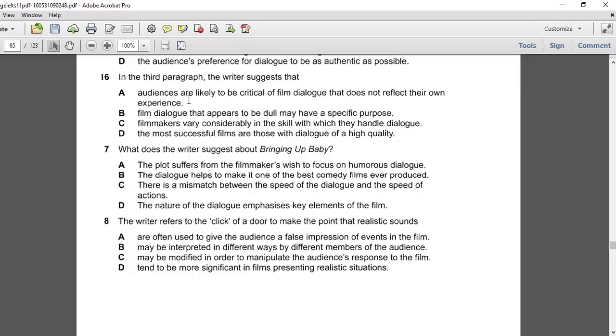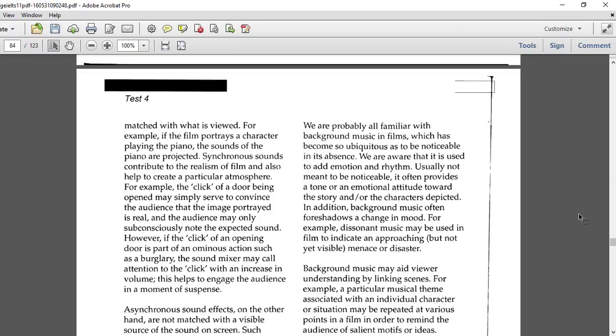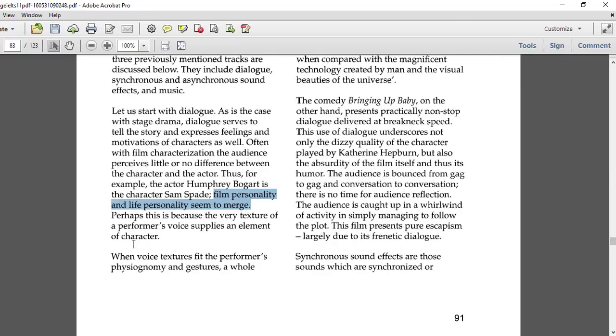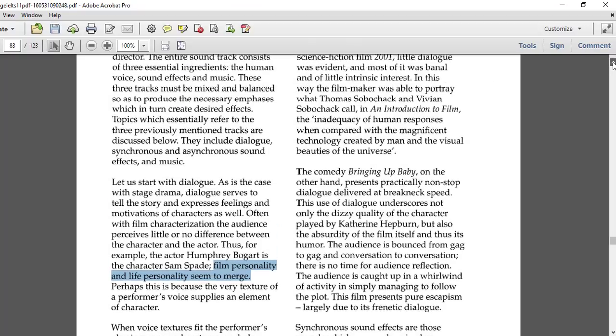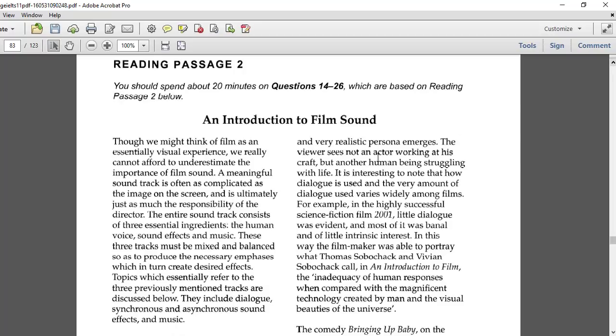Number 16. In the third paragraph, the writer suggests that. In the third paragraph, let's get back to the third paragraph and see what the writer is trying to suggest. When voice texture fits the performer's whole persona, a very realistic person emerges. A whole realistic persona emerges.